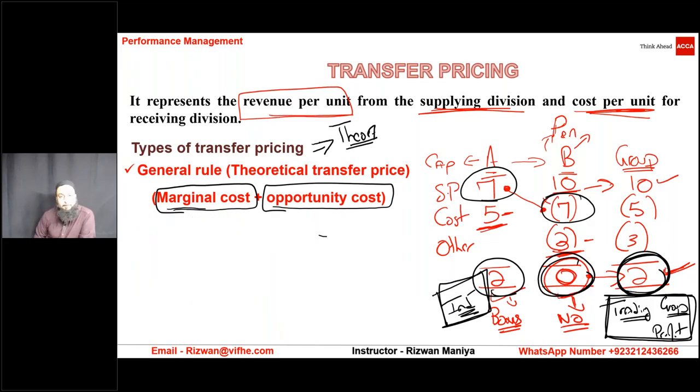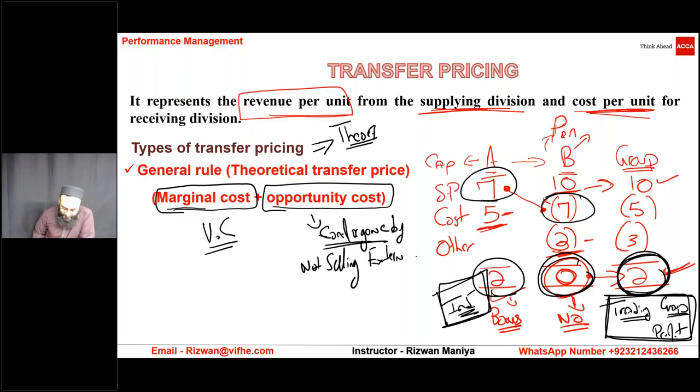What is marginal cost? It's a variable cost. What is opportunity cost? We know that: contribution foregone by not selling externally.